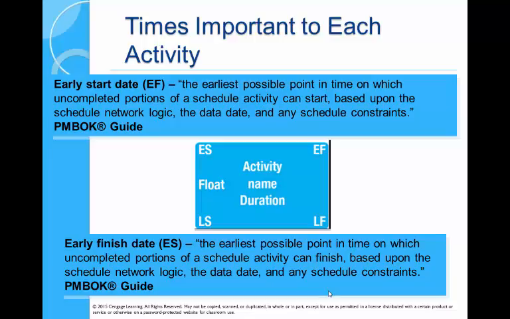So here's the legend again. Earliest finish is the earliest possible time an activity can finish. Earliest start is the earliest possible time an activity can start, and that's obviously dependent on what needs to be done beforehand.